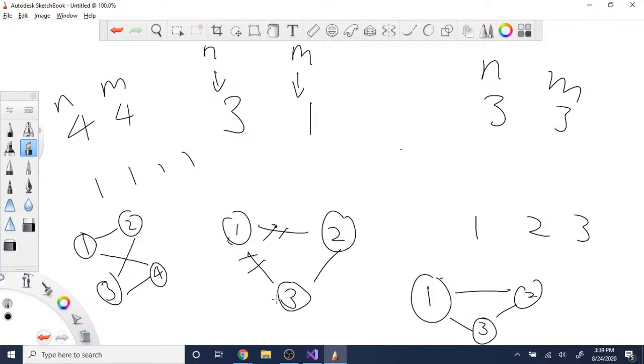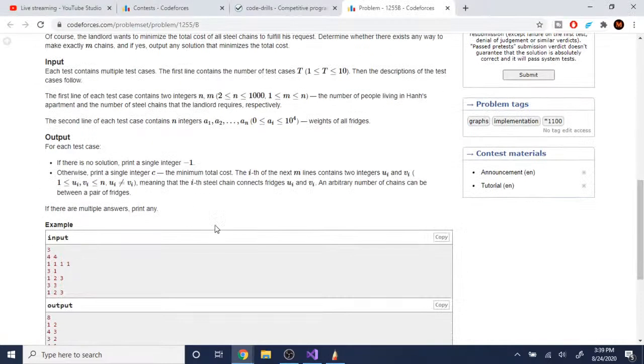Wait. 3's owner, if I do get rid of this chain, 3 just saved his chest, but 2 saved... But 2 didn't save. Okay. I have no idea. I have no clue.